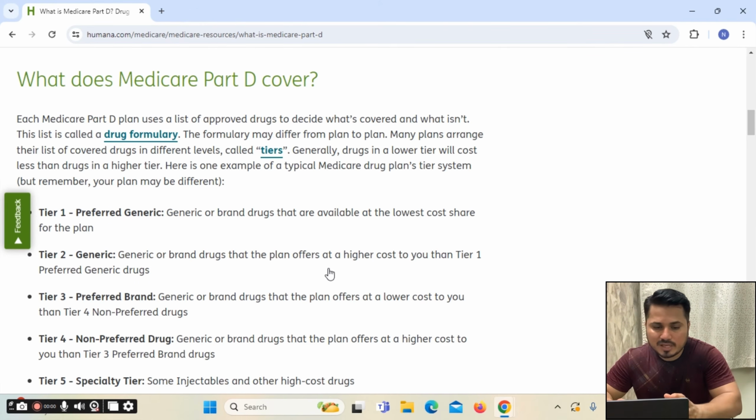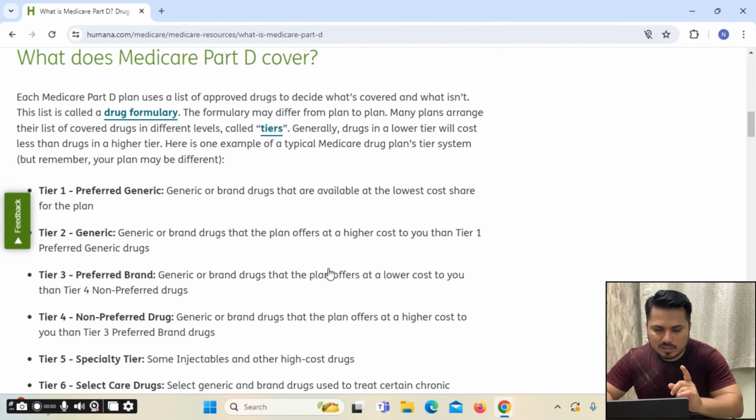Many plans arrange their list of covered drugs in different levels called tiers. Generally, drugs in a lower tier will cost less than drugs in a higher tier. Here is one example of a typical Medicare drug plan tier system, but remember your plan may be different.